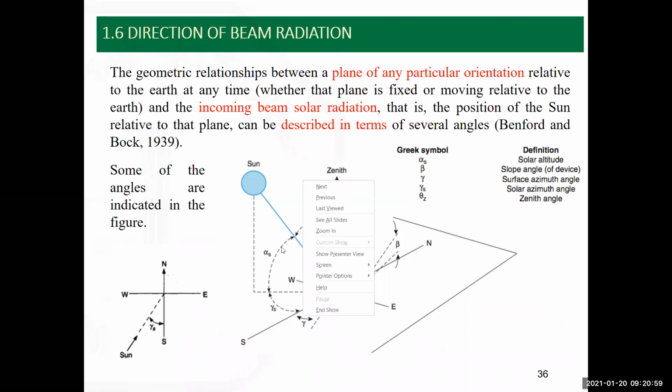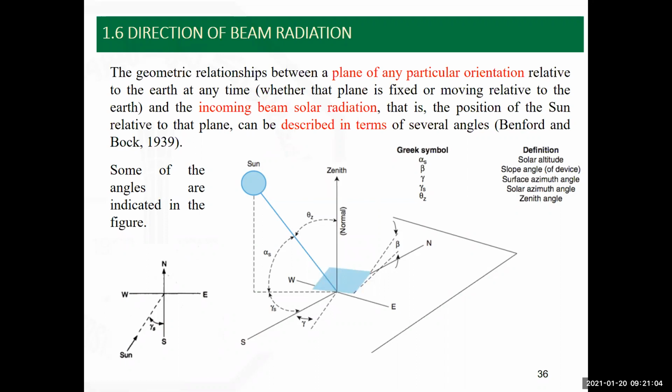Doctor, is there a limitation in the value of gamma S? Gamma S is following the sun. So we'll see that we can calculate the value of gamma S. Why are we studying all of these? What's the point of making use of these angles at all?